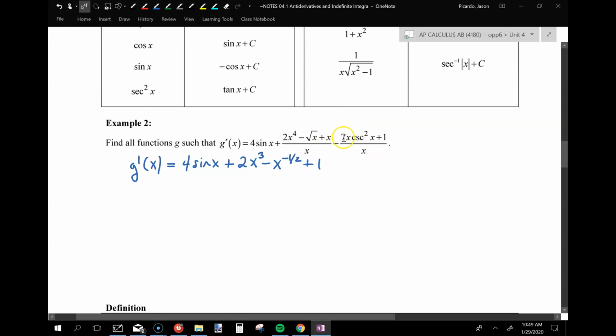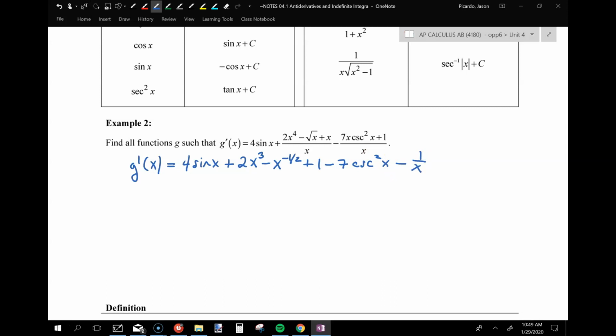Minus x divided by this. And then just be careful, guys. This is a minus sign, so it gets distributed to this, right? So it's minus 1 over x. And what I've done is I've just created a function that's a little bit easier to maybe analyze now, right?